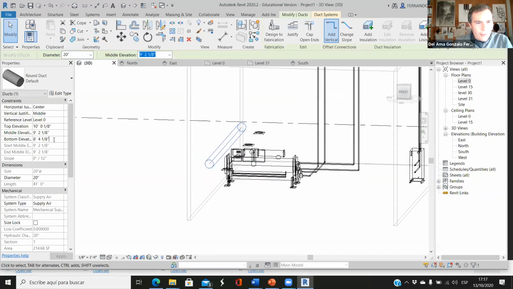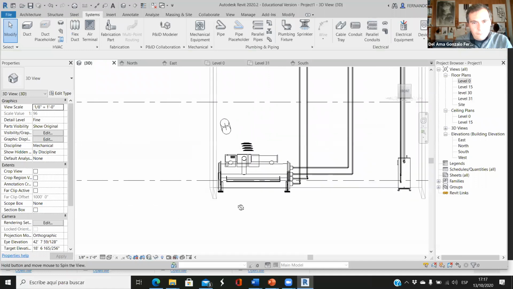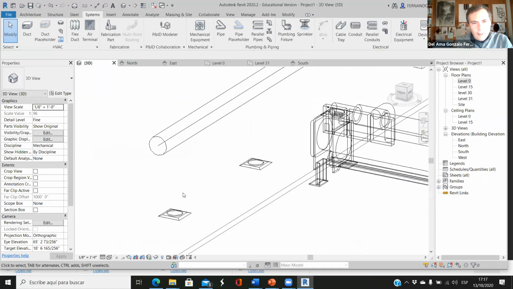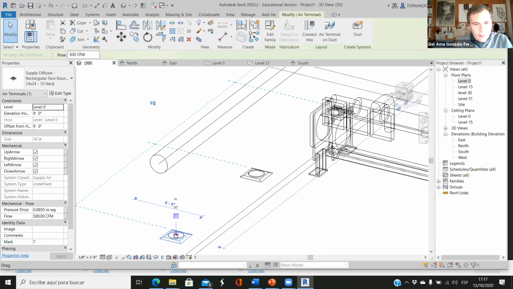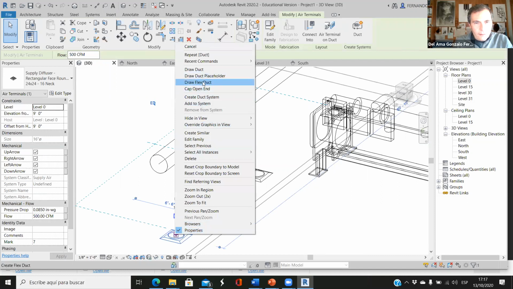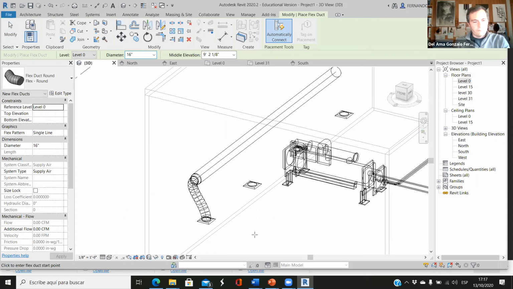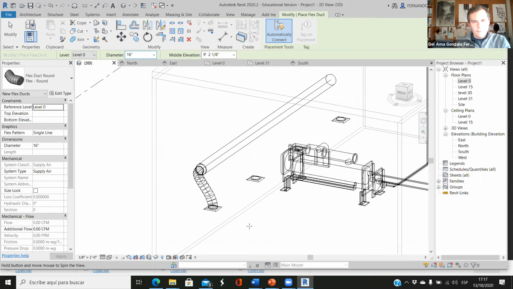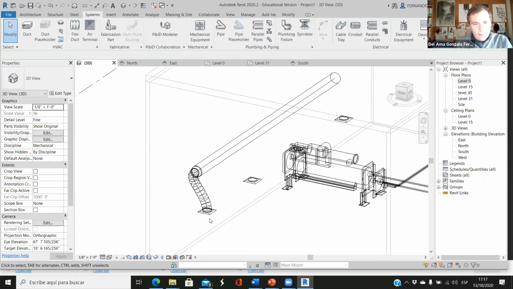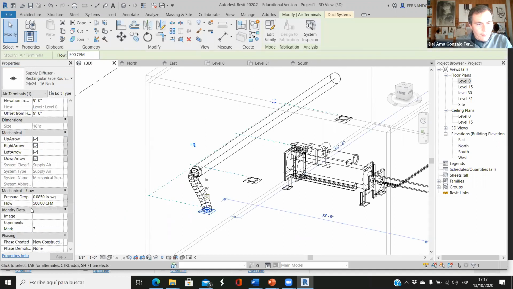So we need to change the elevation. So let's make it 12. Okay, that's better. And now can we connect this with a flexible duct here? Yes, we can. Nice.